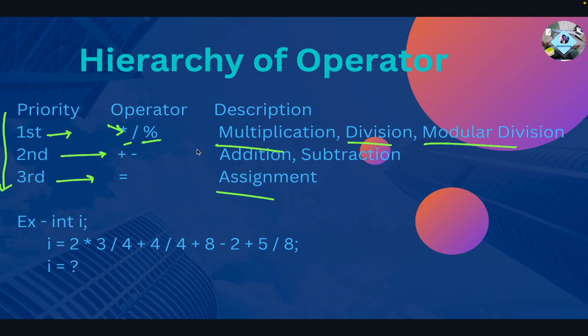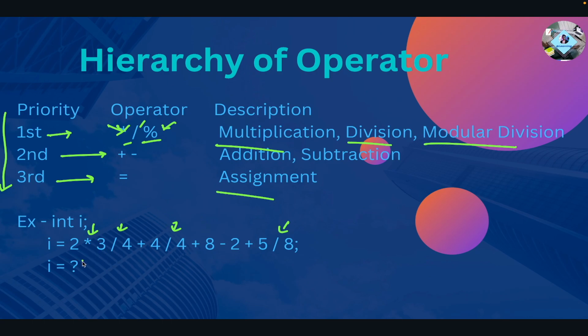So let us see, what is happening here? The first operators we should evaluate are multiplication, division, or modular operation, right? So let us find, there is a multiplication, there is a division, and a division. So we should first of all calculate all of these three.